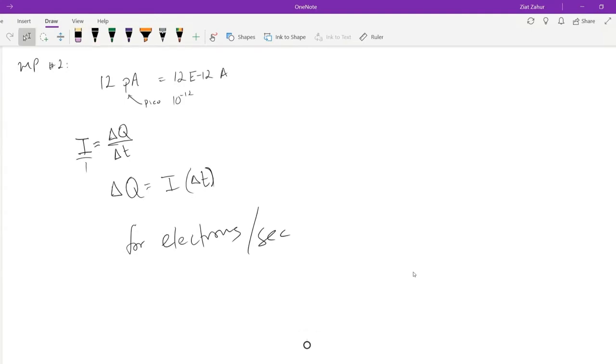Because if I did current divided by charge of an electron, this would give me number of electrons per second, right? Because I is coulombs per second. So I is equal to Q over T, which means amps is equal to coulombs over seconds.